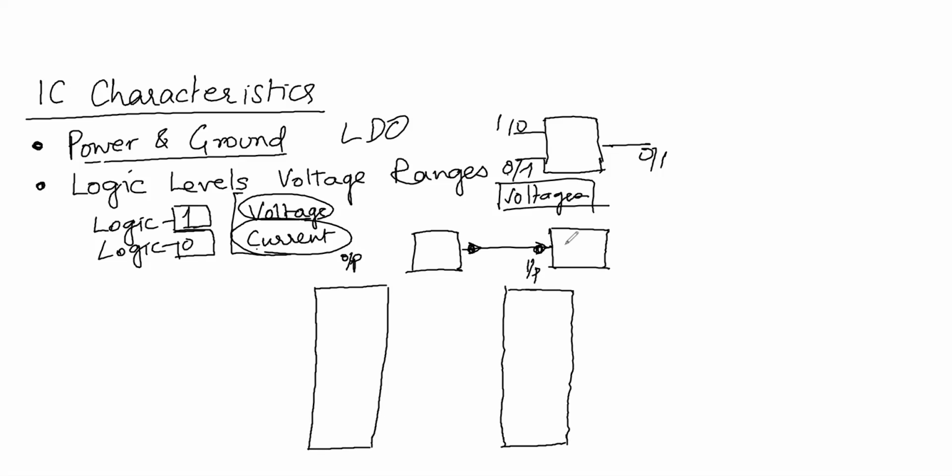I'm assuming both the gates are operating on the same power supply. So let's say this is VDD, this is also VDD, and they are on the same level. And the low logic level is 0, or VSS, whatever you wish to write. Now this voltage can vary from 0 to VDD.